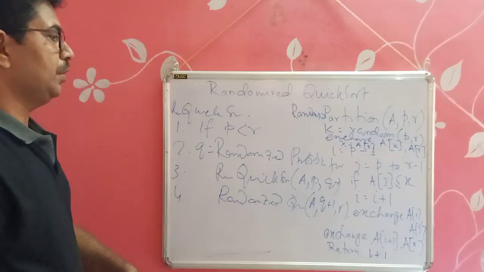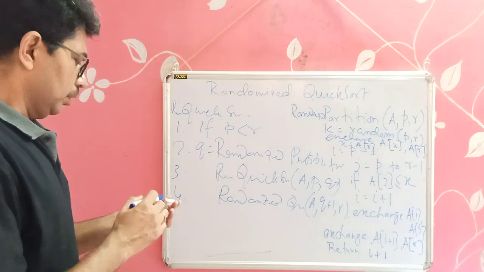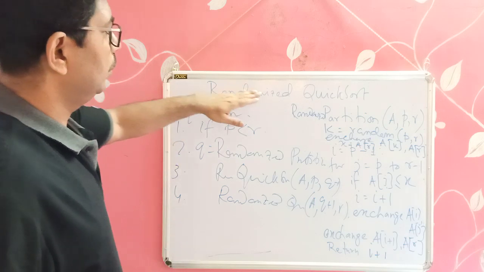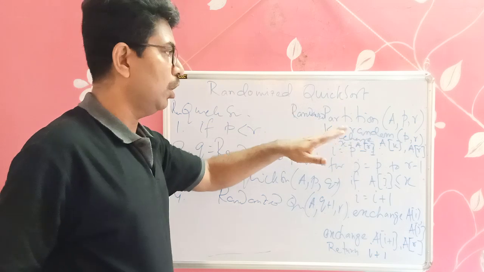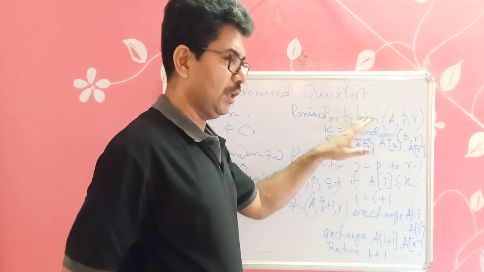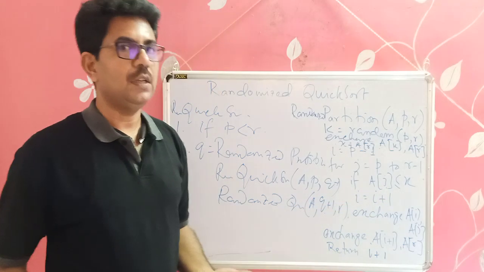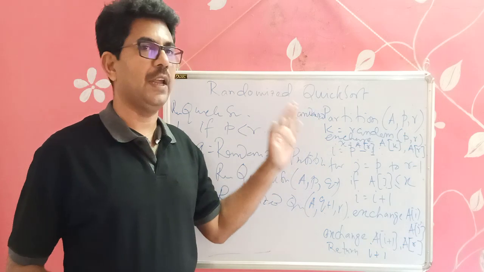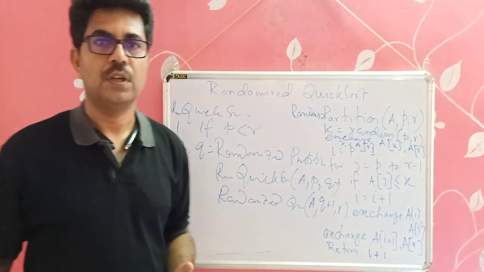All others remain the same except this. From here we can at least say that there is no guarantee of getting the best case or worst case. It may happen, but we cannot guarantee that for a particular instance we will always get 1 to n minus 1 or always get n by 2, right?